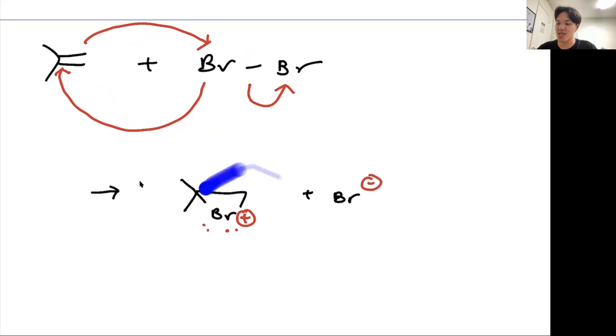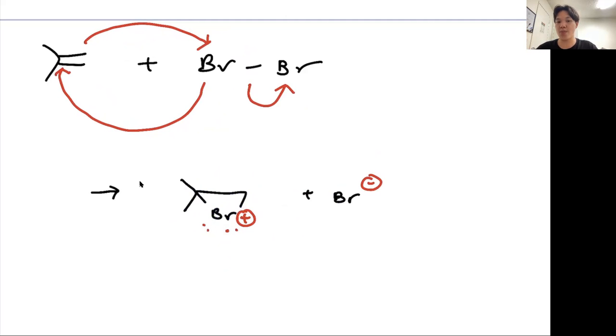So then what happens here is you're going to open up this epoxide, right? It's not really an epoxide, more like a bromoxide. I don't know if you want to call it that. But it's going to attack the more hindered side, right? Remember, this is sort of like our positively charged oxygen, right?